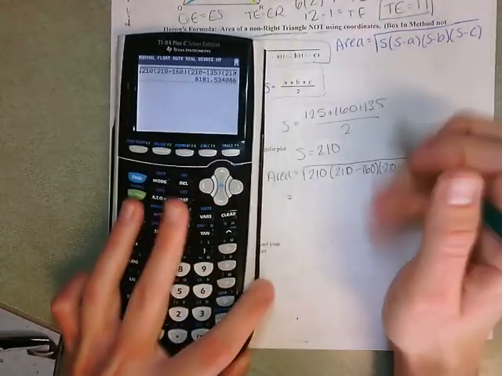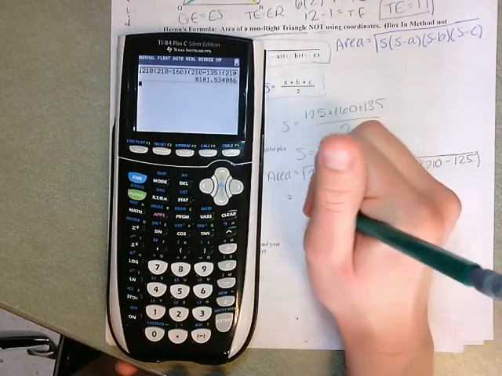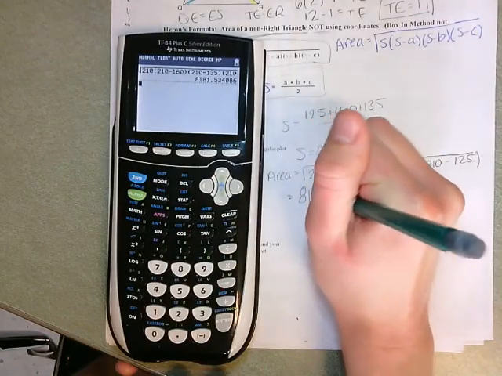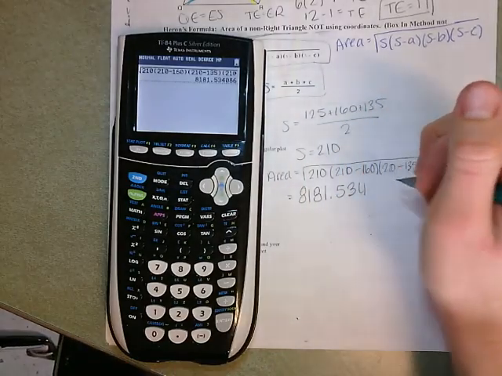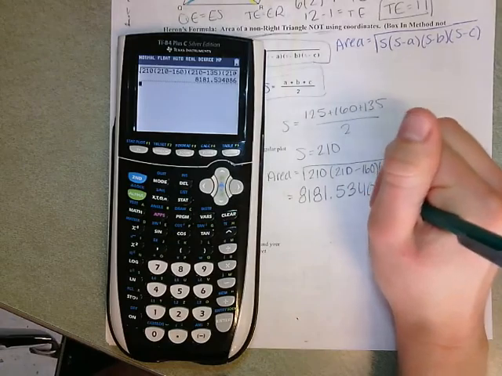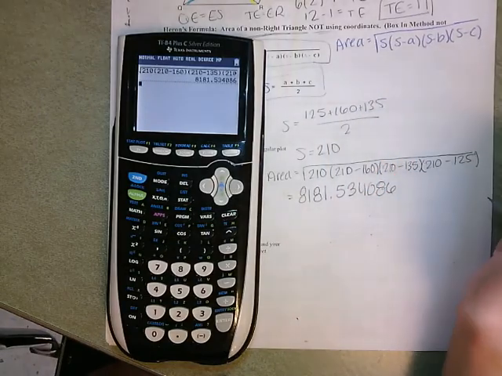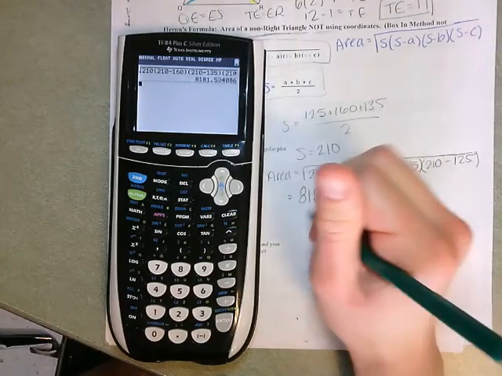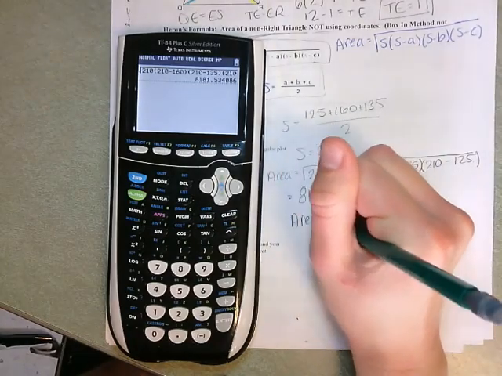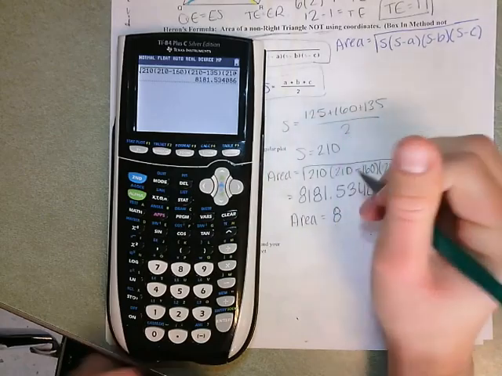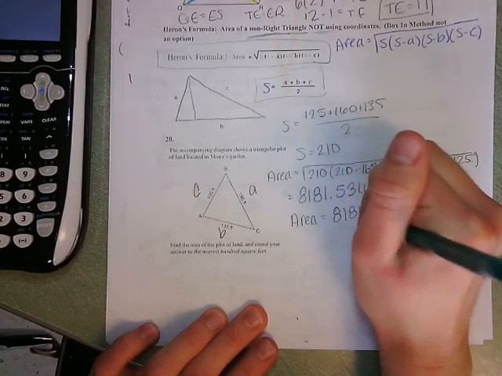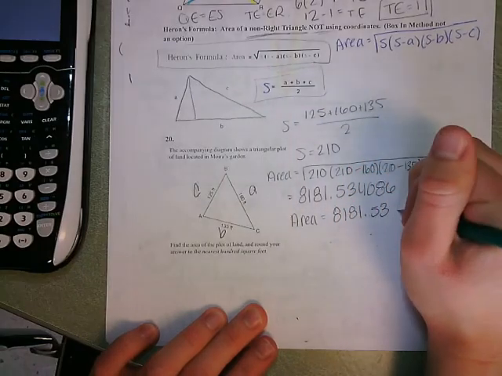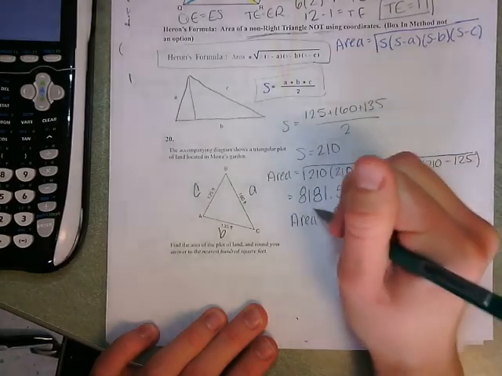Okay, so the area of our garden is 8181.534086. Our area is equal to, I think it says the nearest 100 square feet, so 8181.53 feet squared.